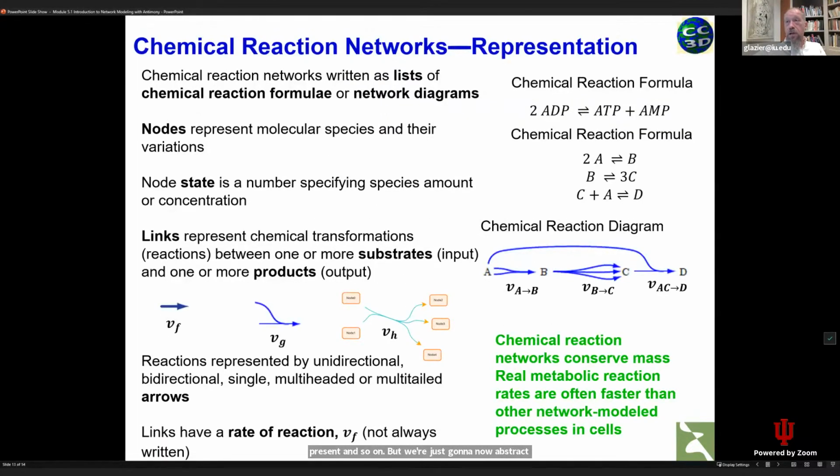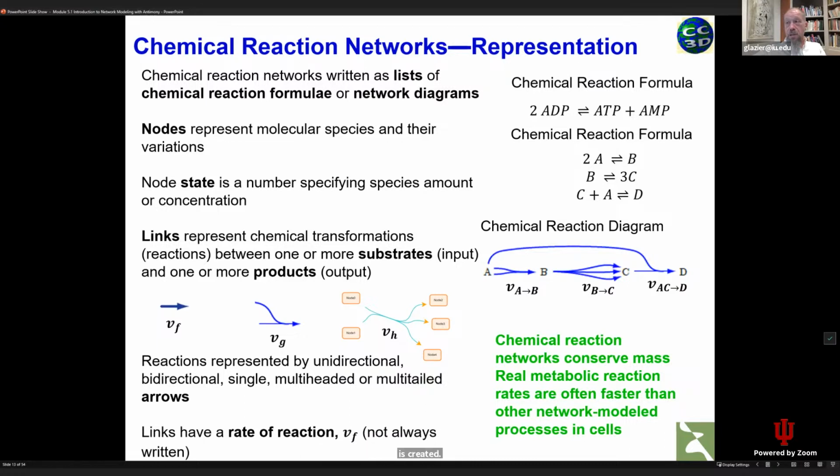And to begin with, we have this concept of a node, which is an object, and a link, which is a process. And the links typically here are going to represent chemical reactions, transformations of one thing into another. And what's critical about a reaction is that the thing on the left, on the source side of the arrow, is destroyed, and the thing on the right, the pointed end of the arrow, is created.